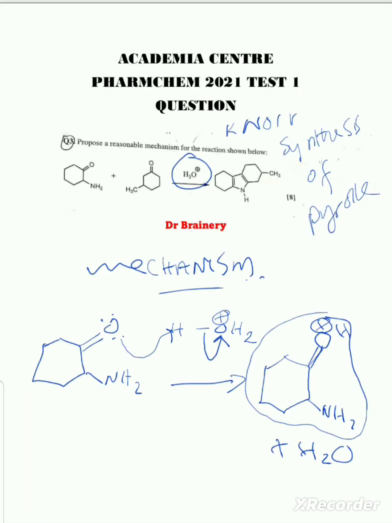Then the next thing is to make an enolate ion on this one, which is called 3-methylcyclohexanol. Yeah, not 2 but 3-methylcyclohexanol. So that's the one that you're going to have, which is like this.